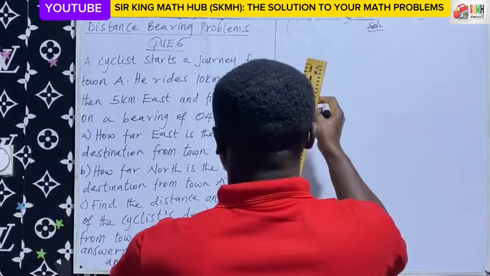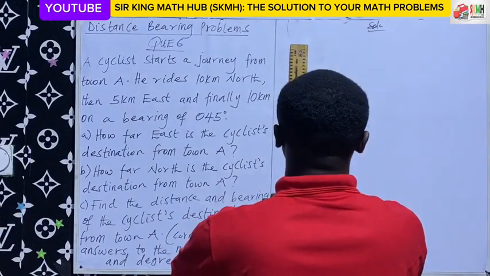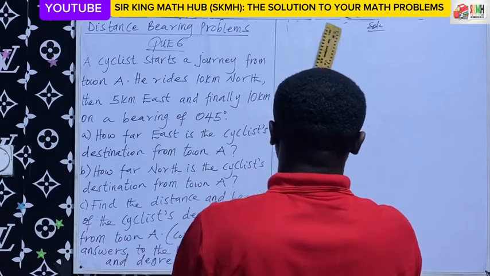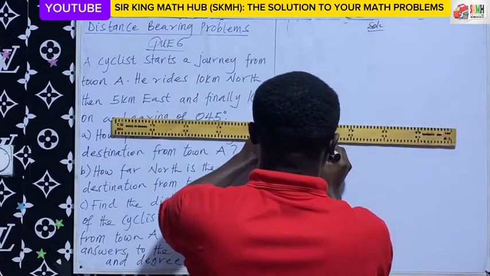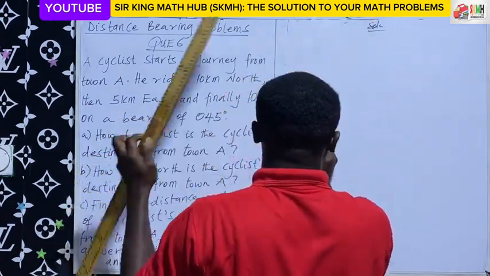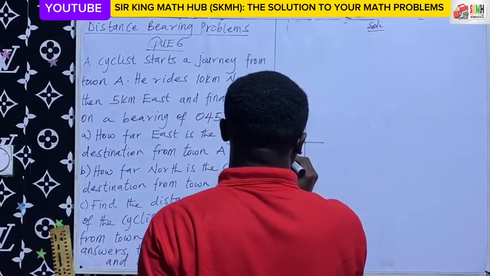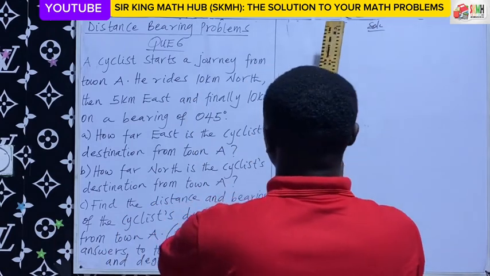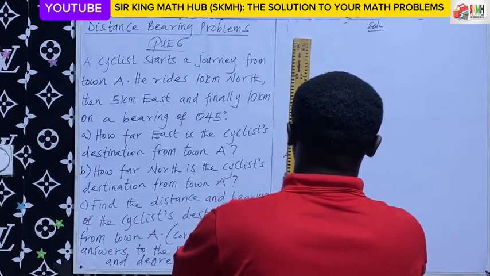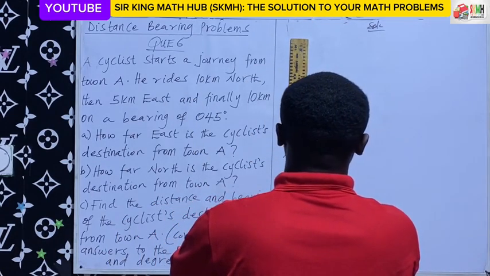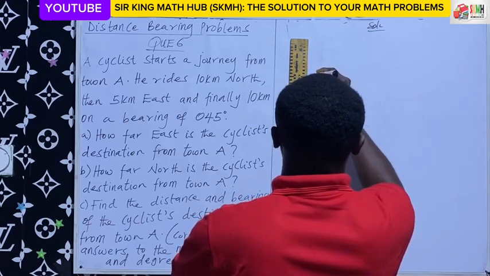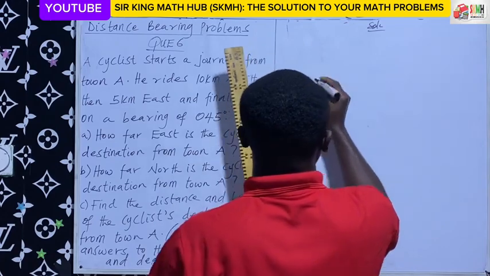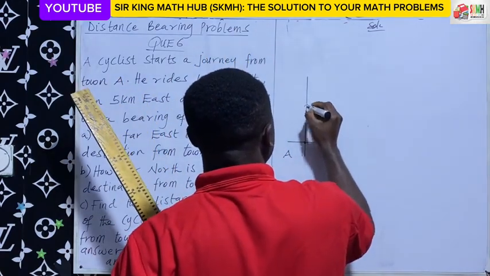So he started the journey from town A. So this is town A. So from town A, he rides 10 kilometers north. So there is the north direction.